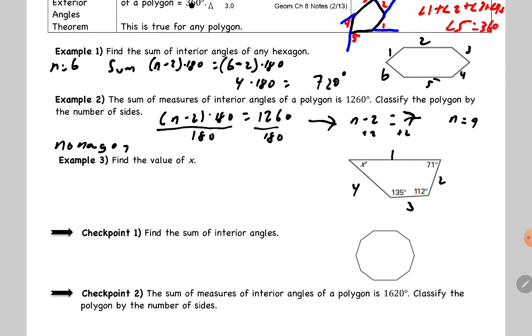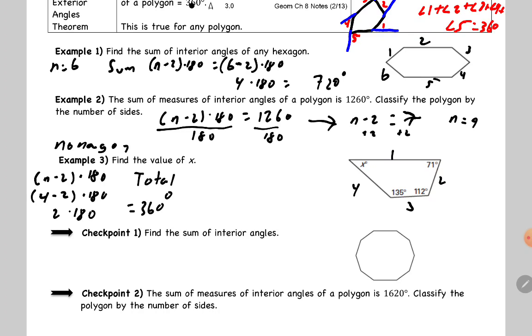We have 4 sides, so I can use my formula to figure out the sum. All these angles should add up to 360, and this is true for any four-sided polygon. So the total is 360.